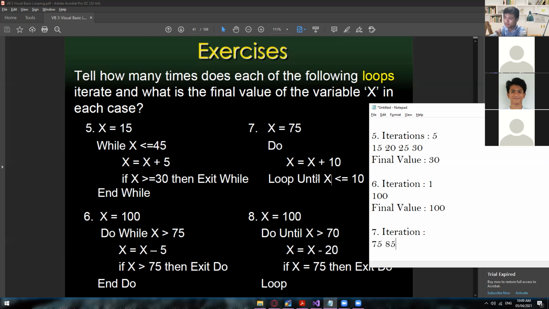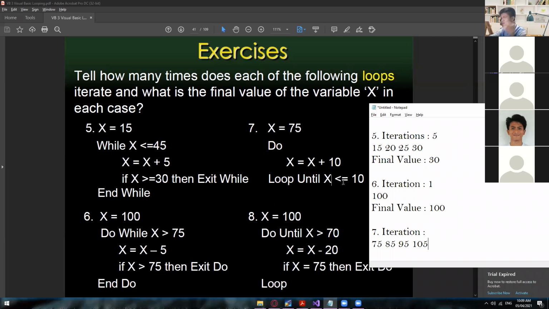So this is the second loop. 85 is less than or equal to 10, which is still false. I mean, true rather. Even I am getting confused. So as you guys can see, this will never stop, since this will never become false. It will never meet the condition, so the iteration will be infinite.